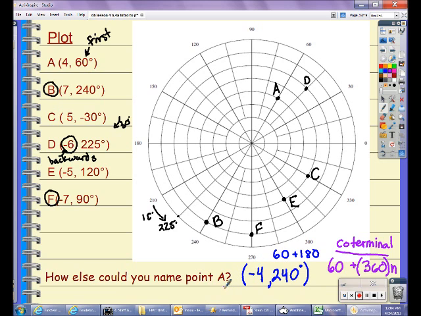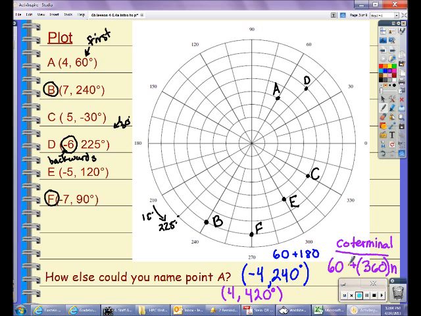So we could say 60 plus 360 is going to give us 420, because 420 degrees is coterminal to 60 degrees.